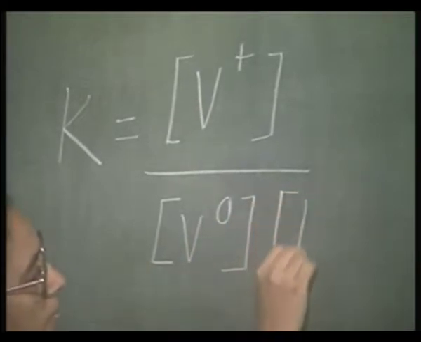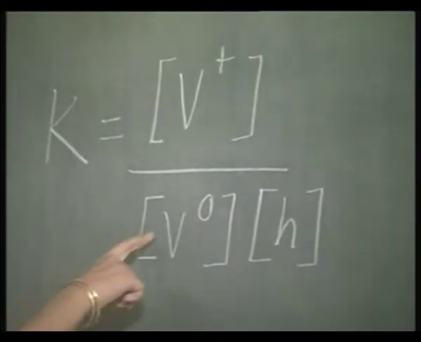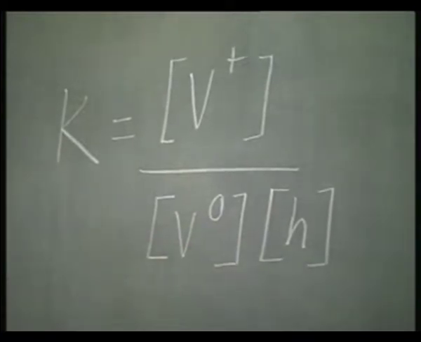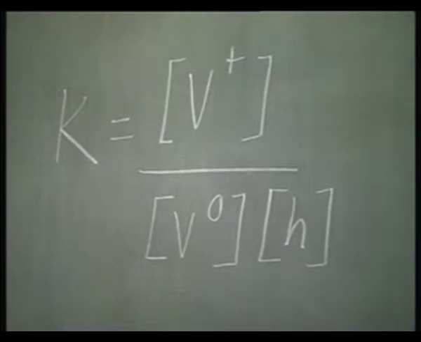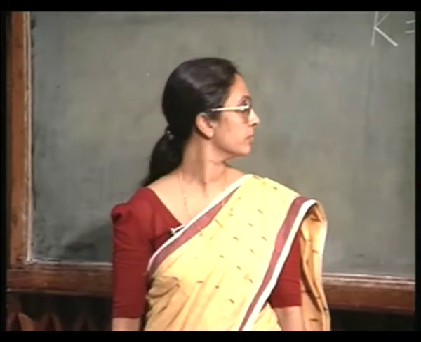Let me for the time being write it like this. The terms under the third bracket sign are the holes. Okay? This is how you write the mass action coefficient from the equation, isn't it?